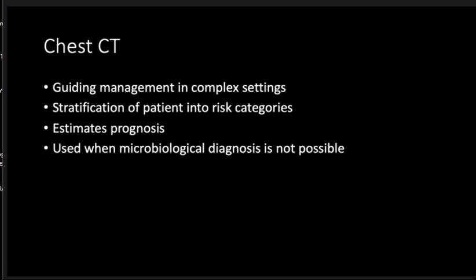So chest CT scan is useful for guiding management in complex cases, in patients with clinical worsening, and for ruling out alternative diagnosis. It is also one of the main imaging tools for assessing infection severity, and it enables stratification of patients into risk categories and estimation of their prognosis, therefore aids in clinical decision making. It is also used when microbiological diagnosis is not possible.